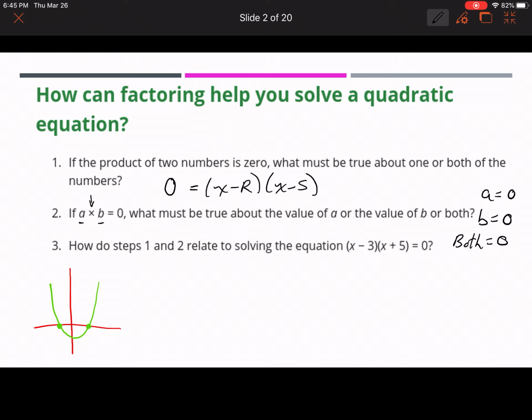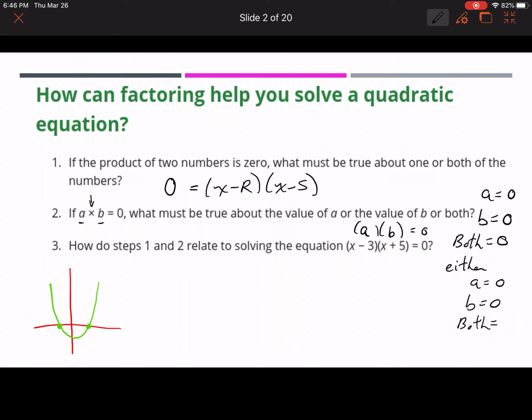So number 3, how do steps 1 and 2 relate to solving the equation x minus 3, x plus 5 equals 0? If we make this an A and this a B, and we know that either A equals 0, B equals 0, or both.